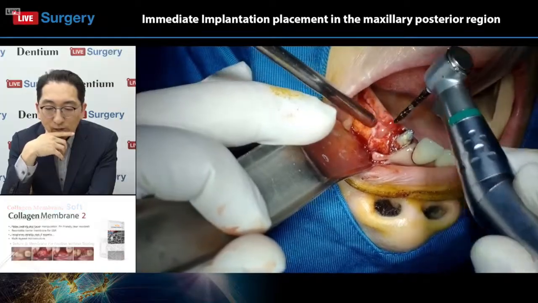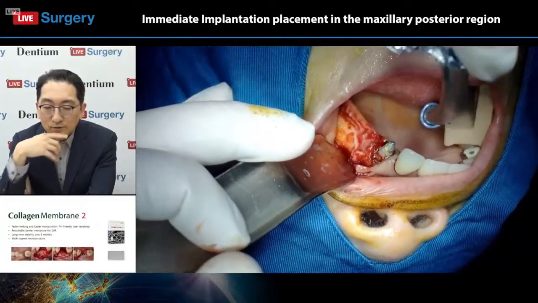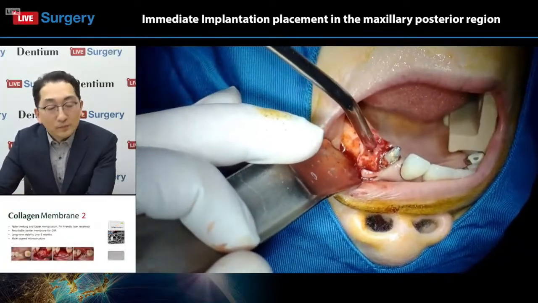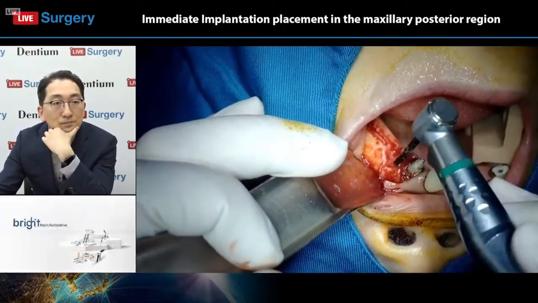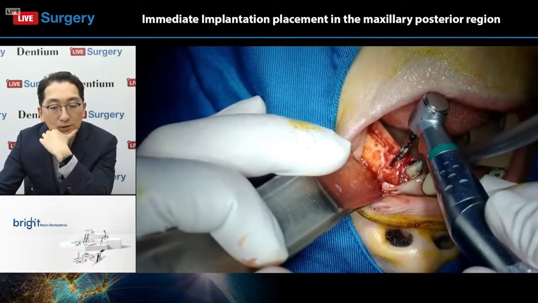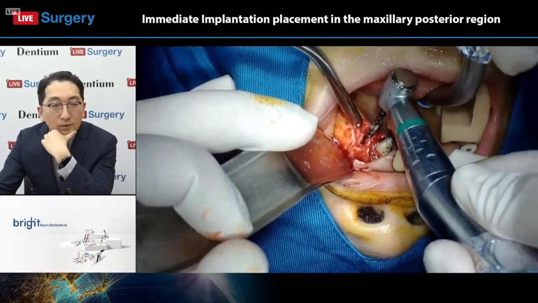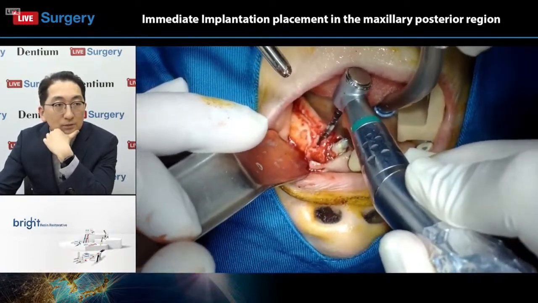We are now drilling at the 24 extraction socket site. First, the 2.5 millimeter drill is used, and followed by the 3 millimeter diameter drill.